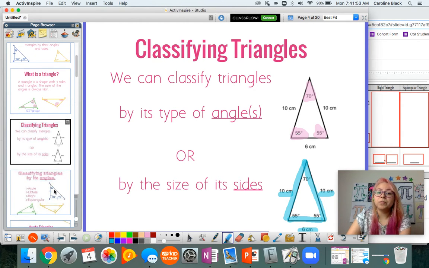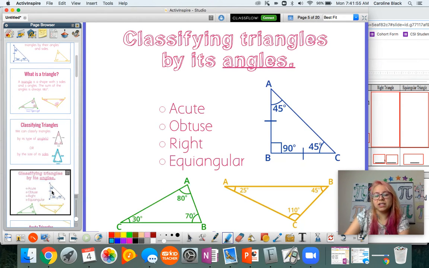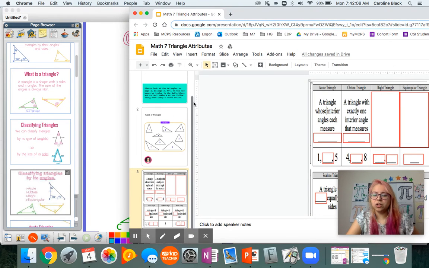Okay, so what are some ways to classify triangles by its angles? These are important vocabulary words that are in your capture sheet, and we'll list them all, but then we'll go over what each of them means.